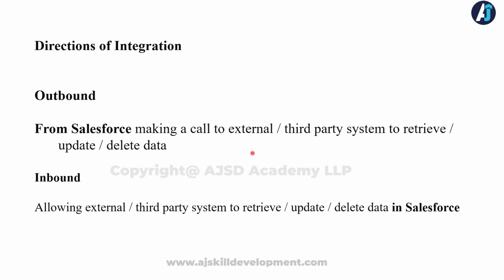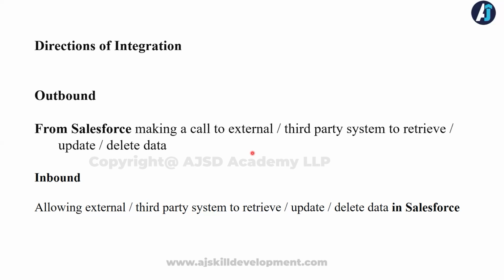Generally, direction of integrations consists of two types. One is outbound and another one is inbound. Let's discuss outbound. Let's say from Salesforce, we are going to make a call to an external system. From Salesforce, if we are going to send a request to a third party system or third party application, then it is generally called outbound integration.